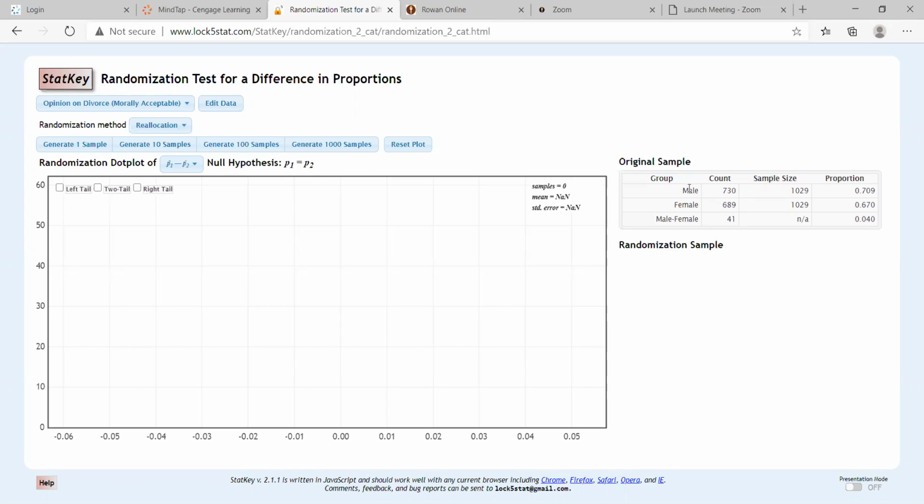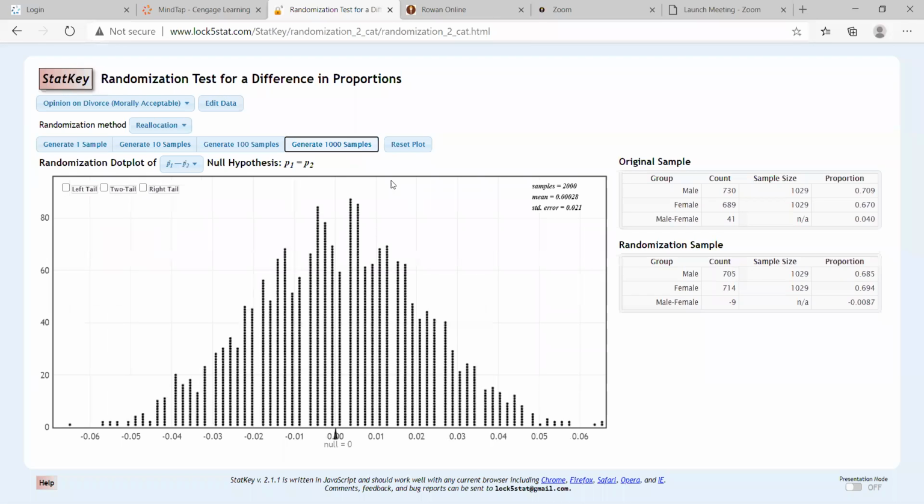Remember, the first one listed here is group 1. This is group 2. So P1 greater than P2, or if we subtracted P2 from both sides, it would be P1 minus P2 is greater than 0. All right? So 0 is going to be in the middle. And any negative numbers would mean what? It would mean that females say it's more morally acceptable than males. And if it's a positive number, it would be more males than females. Okay, so let's generate a couple thousand samples.